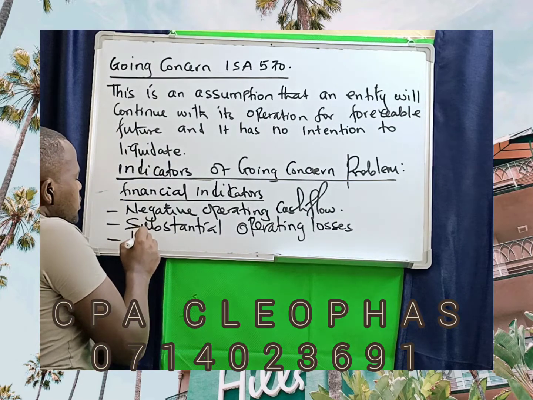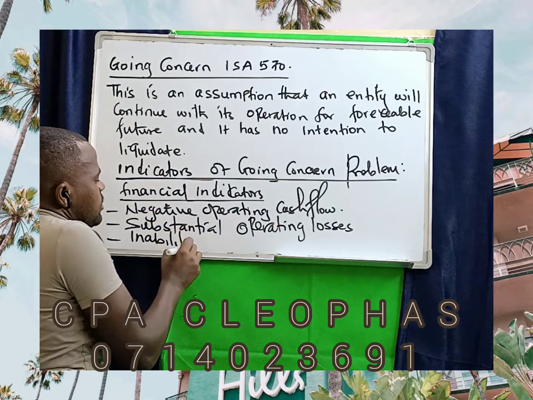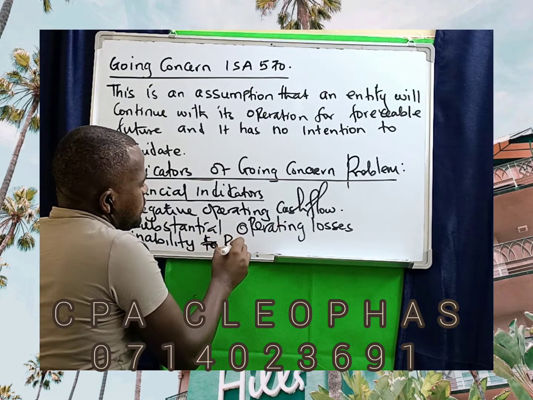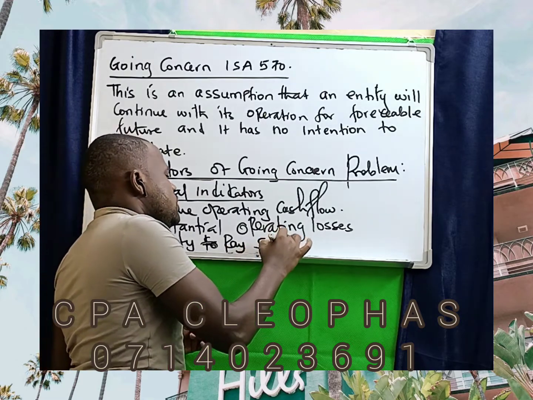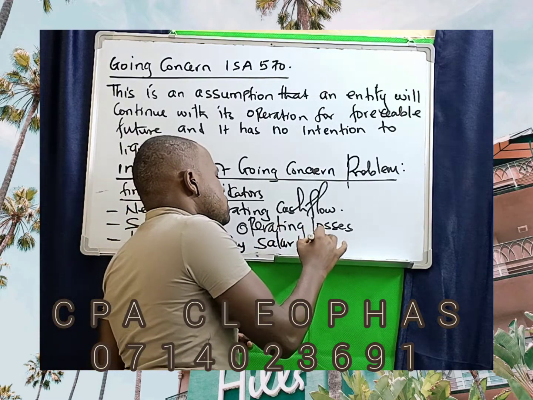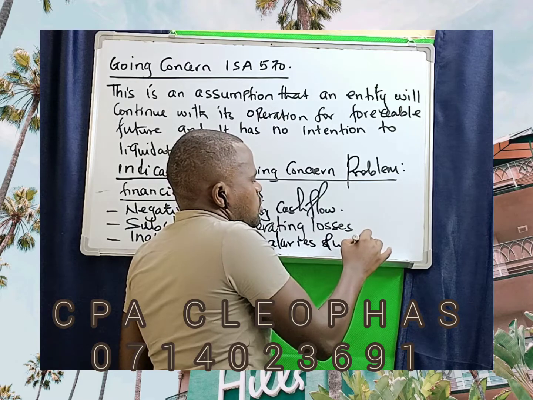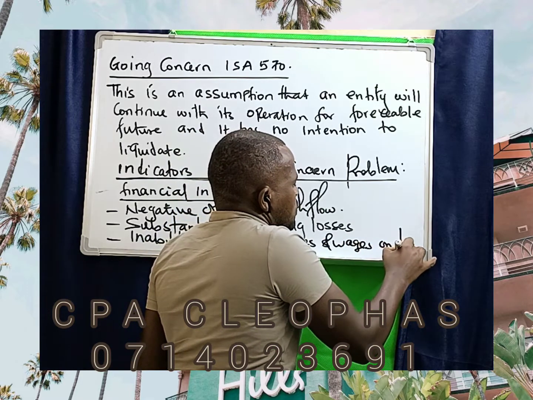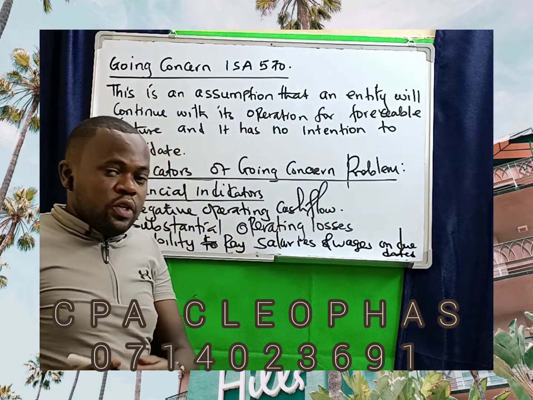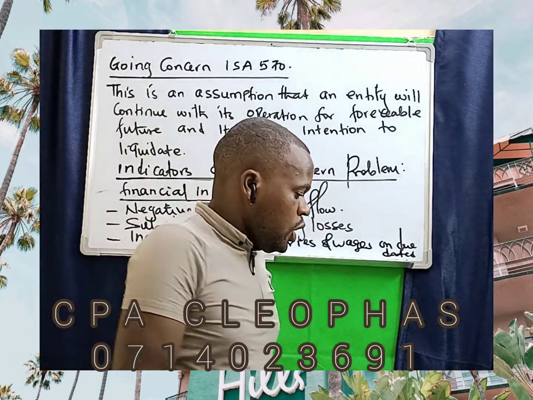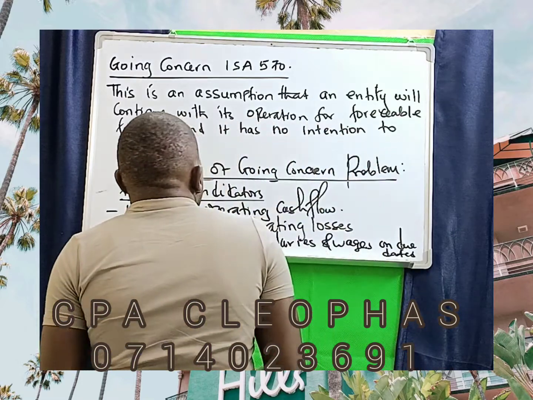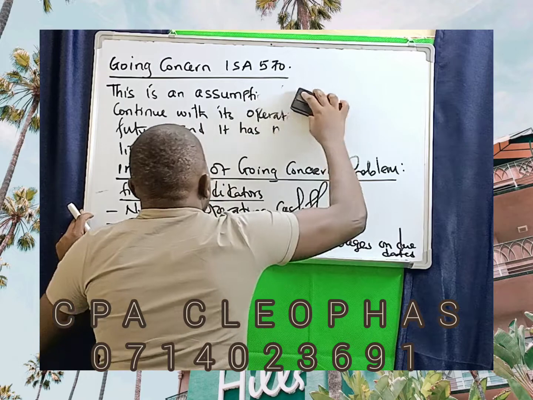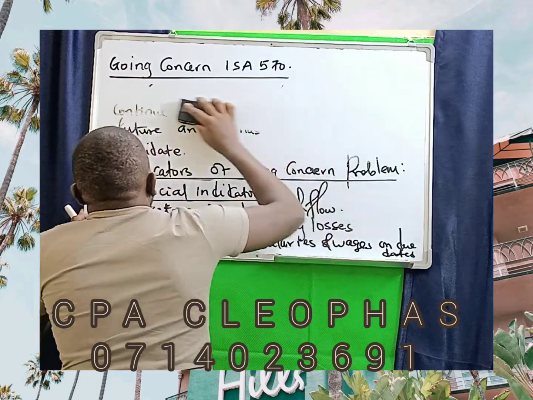Again, inability to pay salaries and wages to the employees on due dates. If the company cannot pay the employees their salaries when they fall due, another challenge is there.